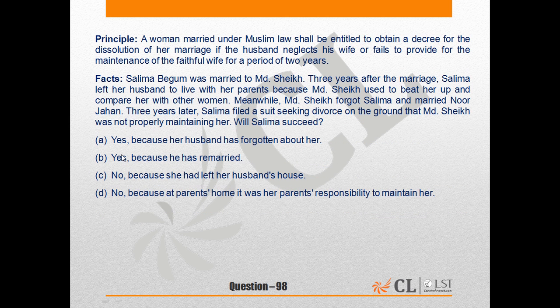Then moving on to question number 98. It says a woman married under Muslim law shall be entitled to obtain a decree for the dissolution of marriage if the husband neglects his wife or fails to provide for her maintenance for a period of 2 years.